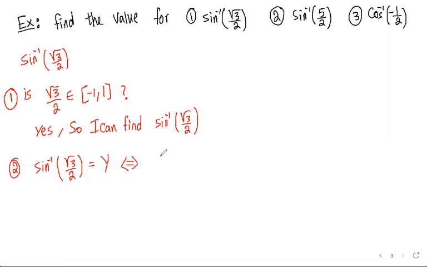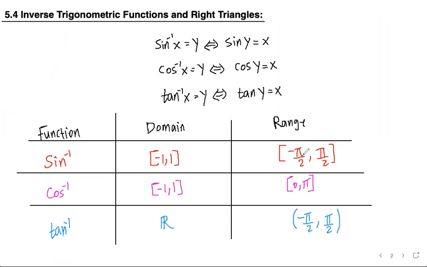So I can set sine of y equal to this value, such that y belongs to the range between negative pi over 2 and pi over 2.